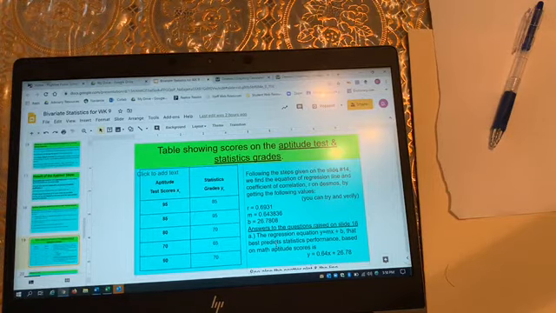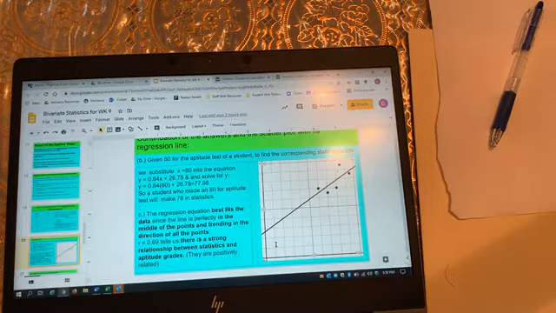Okay, so the second question was, if a student gets 80 on the aptitude test, how much would she get in statistics? Once you have y equals 0.64x plus 26.78, where x is the math aptitude test score and y is the statistics grade, you substitute the 80 there and you will get 77.98, or just 78.